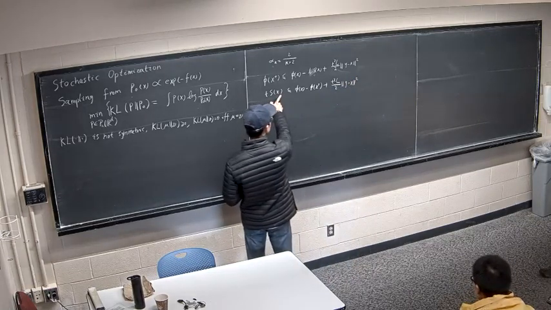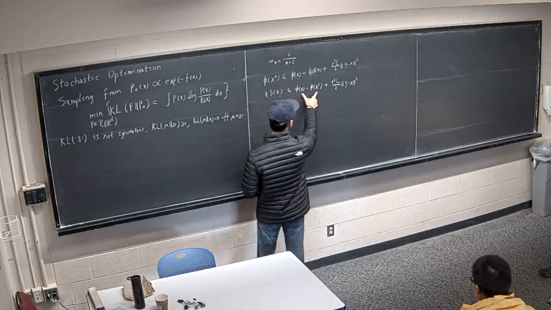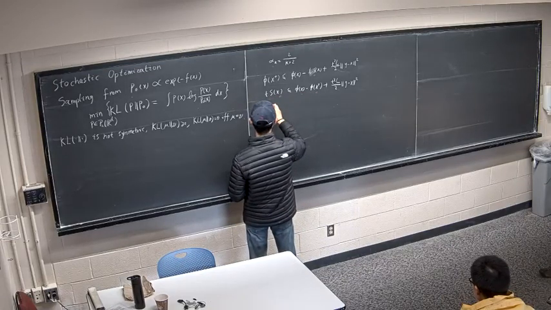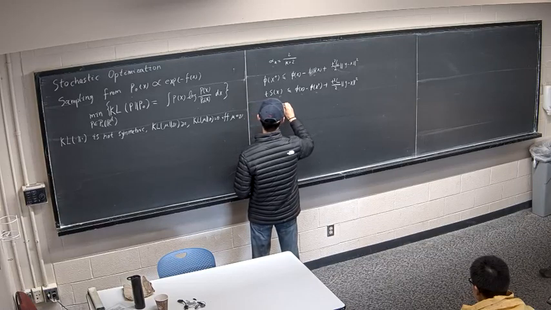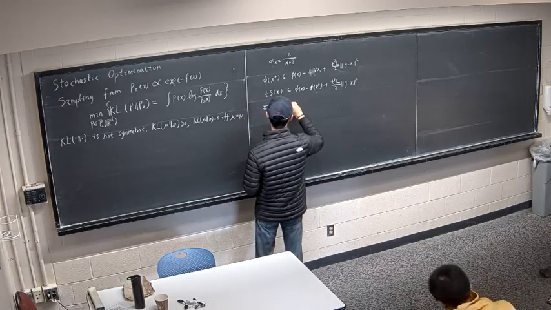So we need to sum this inequality and then use a telescoping sum here. So you're going to have the summation of alpha_i S(x_i).